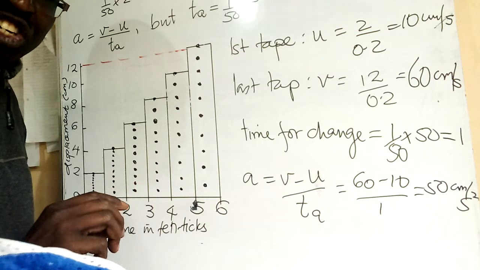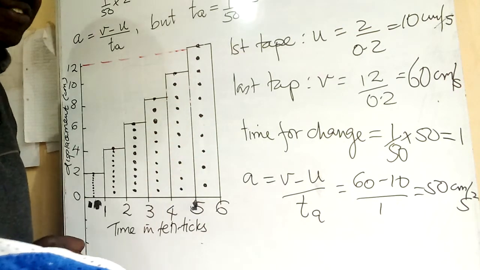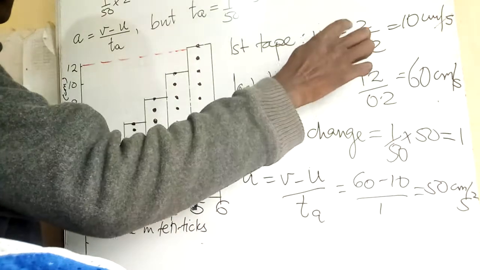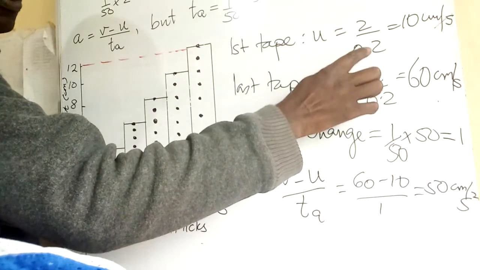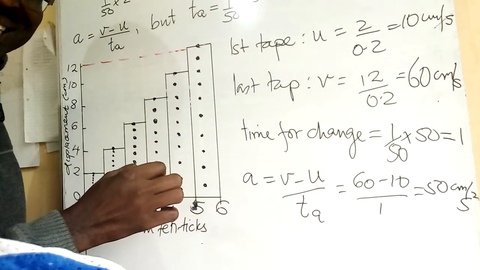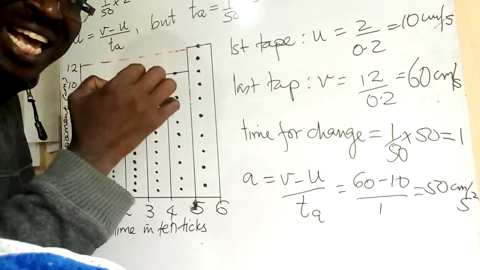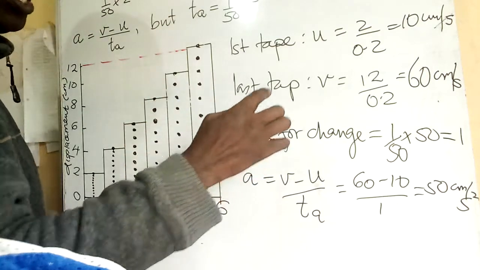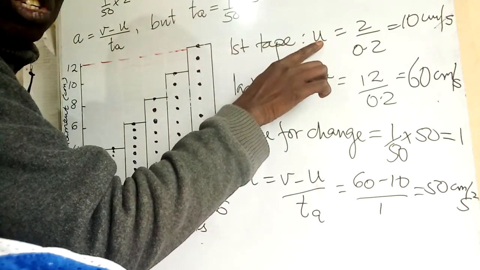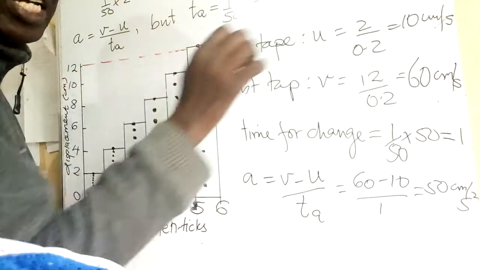So essentially, I'm talking of 1 over 5, which is 0.2. When you put 2 as distance and 0.2 as time taken to cover 10 spaces, the first step gives me an initial speed of 10 centimeter per second.